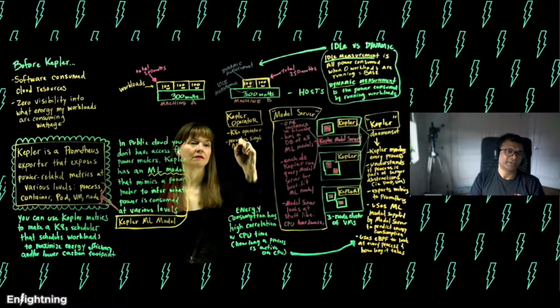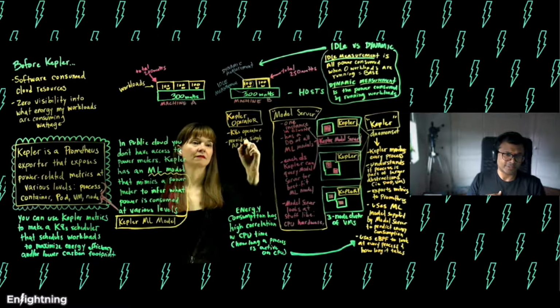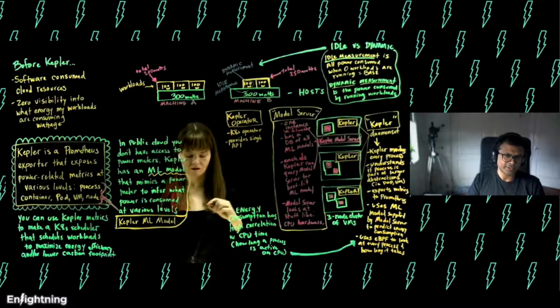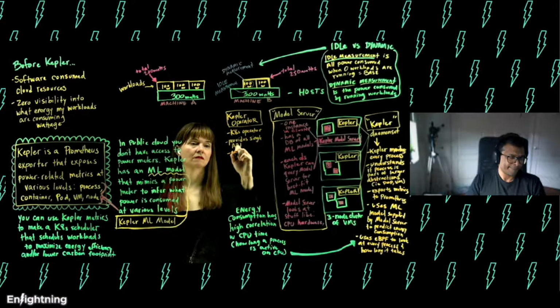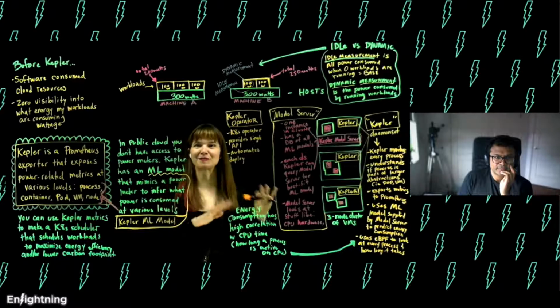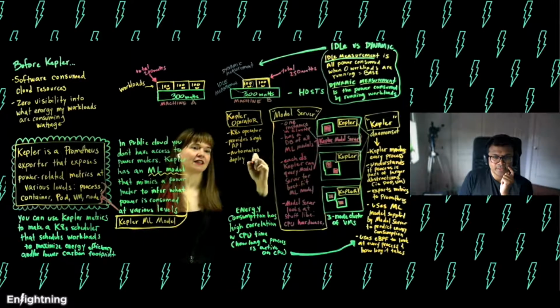So the deployment and configuration of Kepler is automated through this operator. So you have one manifest, apply it, and it takes care of all of it.